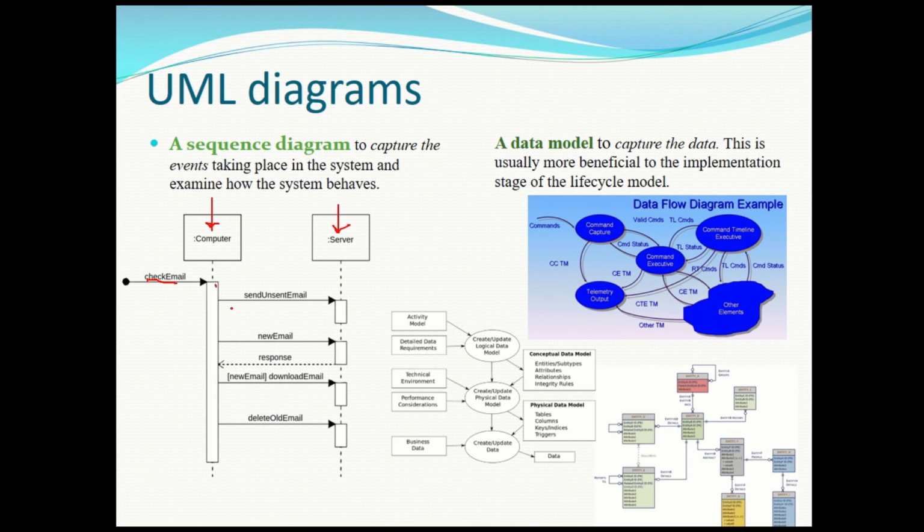You can see that the user's computer is involved all the time. It sends unsent email to the server, so the server can send it. Also we create a new mail, and the server can respond with sent or not sent, and so on. If you want to check the email, the computer has to download the email or delete all email.